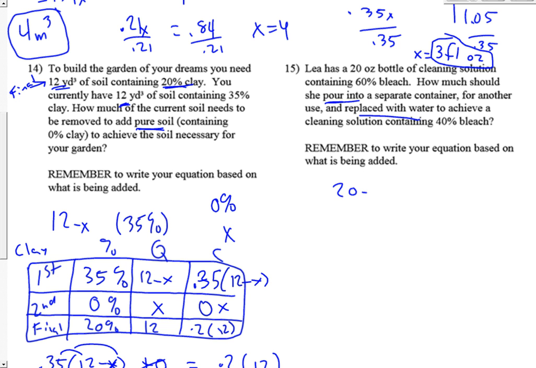So we're going to have that 20 minus x of that 60% bleach. We're going to add water, which is 0% bleach. And we want our end result to be 40% bleach.